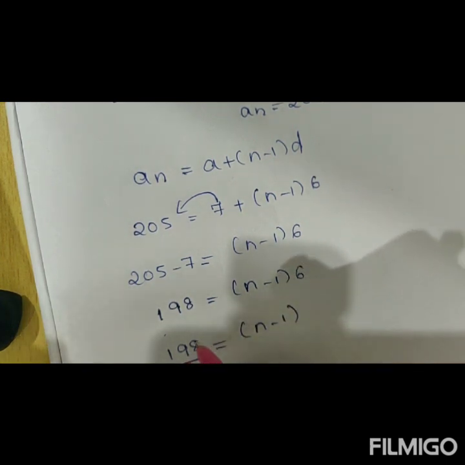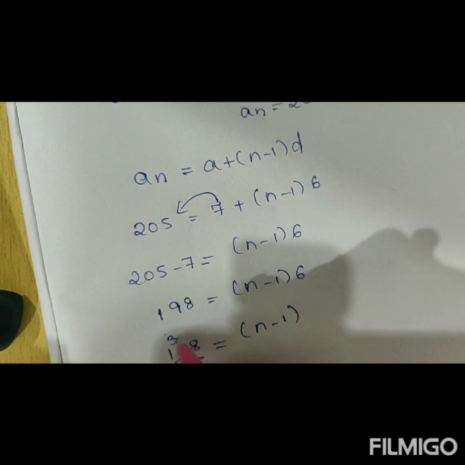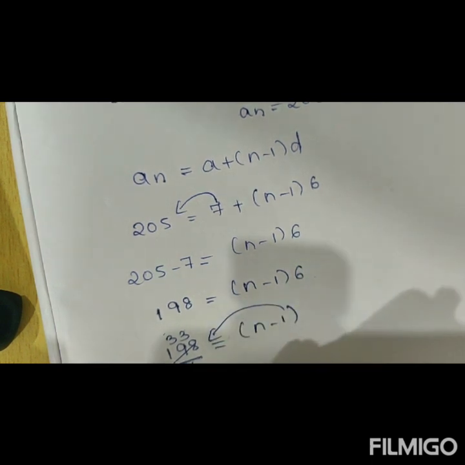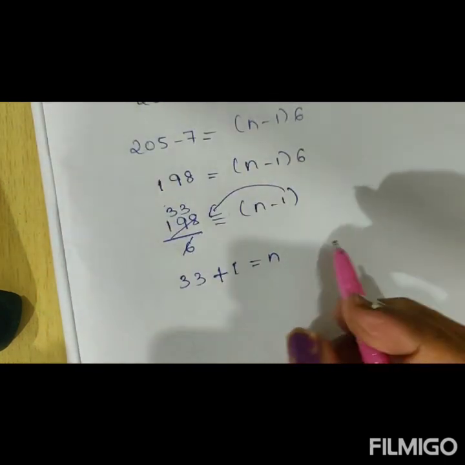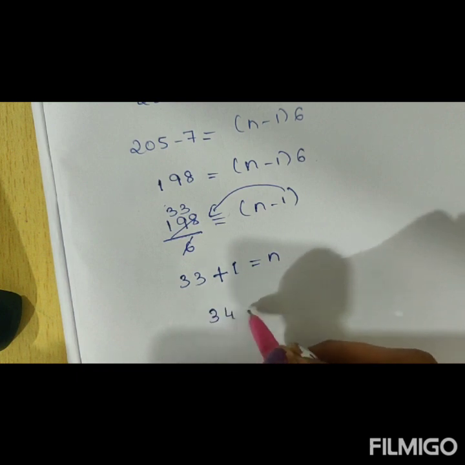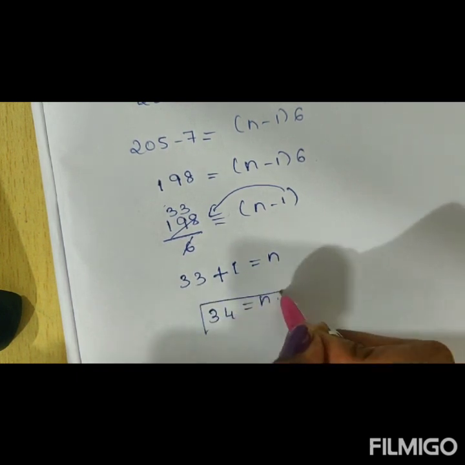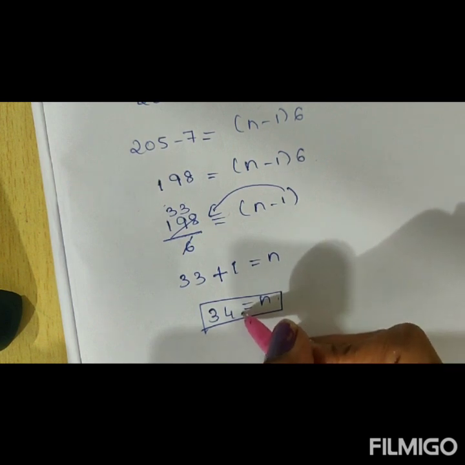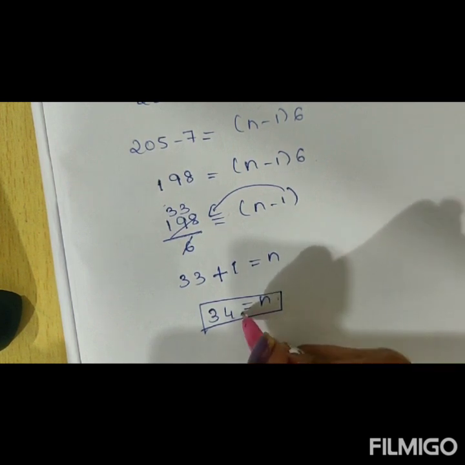So 6 33s are 198. So 33, 1 will come to this side, 33 plus 1 is equal to n. So 34 is equal to n. So there are how many terms? There are 34 terms in this series.